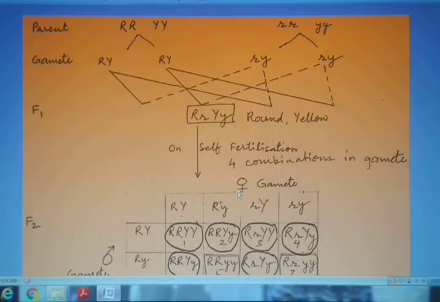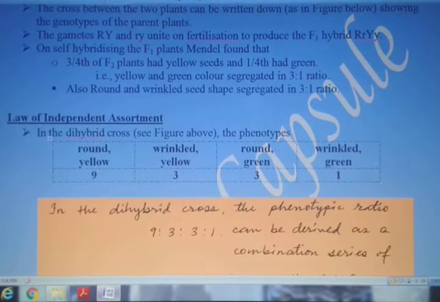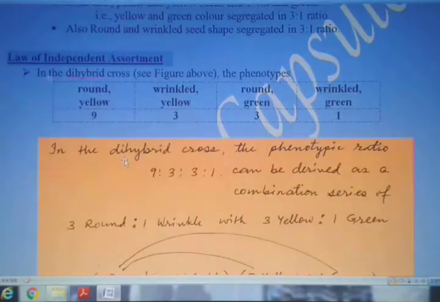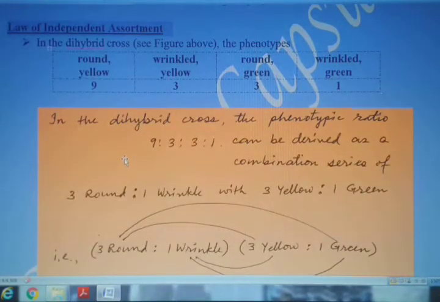Now today's topic what we are discussing, that is law of independent assortment. Means what? These two characters, the genes which are responsible for development of the seed shape and the color, they are going to assort independently.